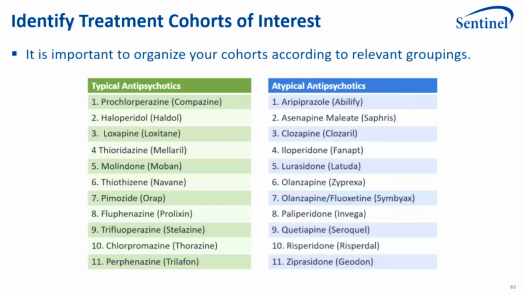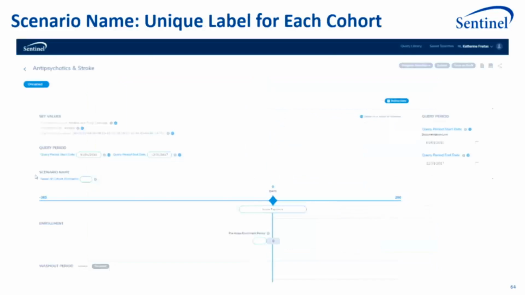But this was also how the FDA grouped many of their specific questions when you actually look at their actual package. And so I'm going to treat all of my typical antipsychotics together, and I'm going to treat all of my atypical antipsychotics together. And so once I've decided how I'm going to create my groupings, I'm going to create a label or a name for each cohort I'm interested in. So I'm going to ask about typical antipsychotics. I'm going to label them as such.